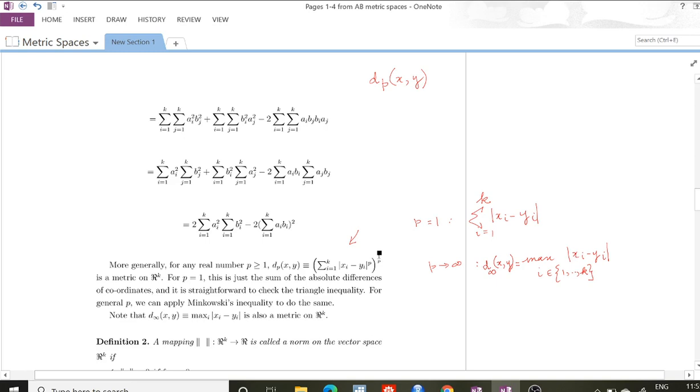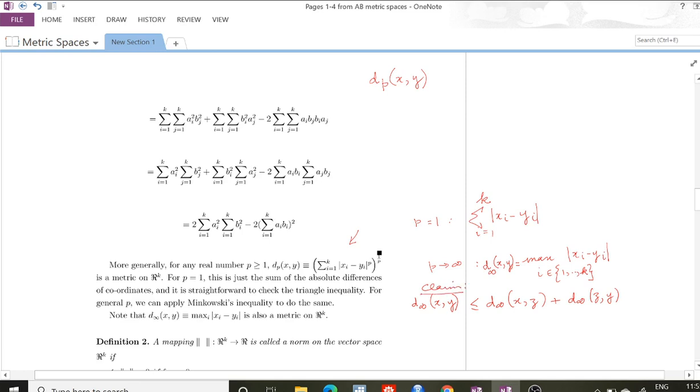In order to see that the triangle inequality is satisfied for every triple of points, notice the following. So this is the claim, right?